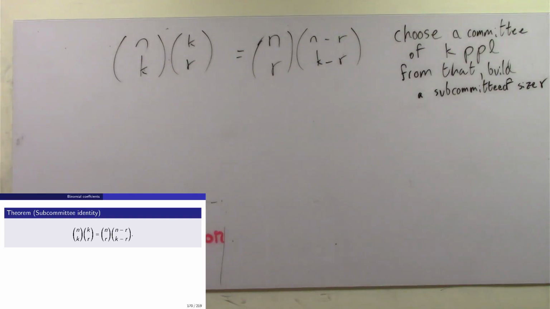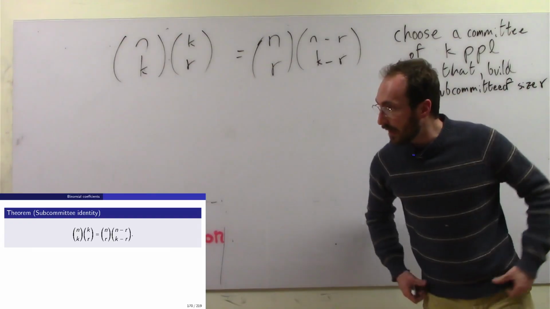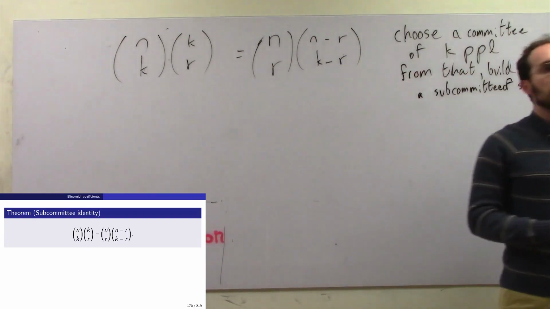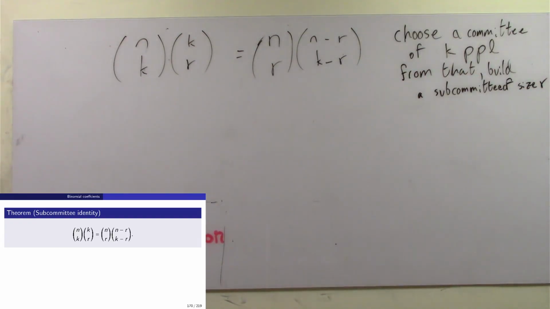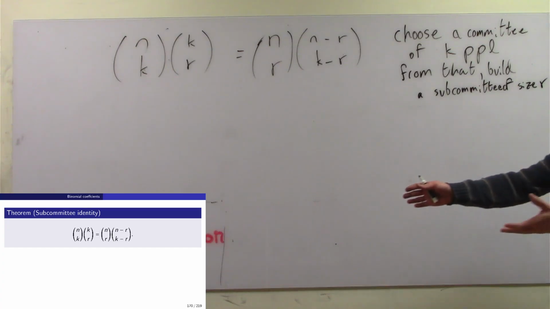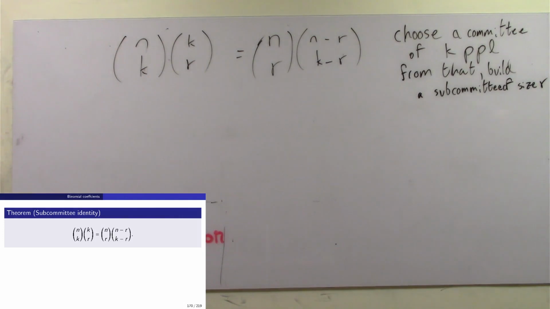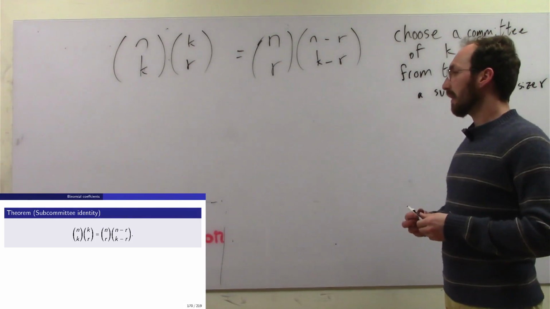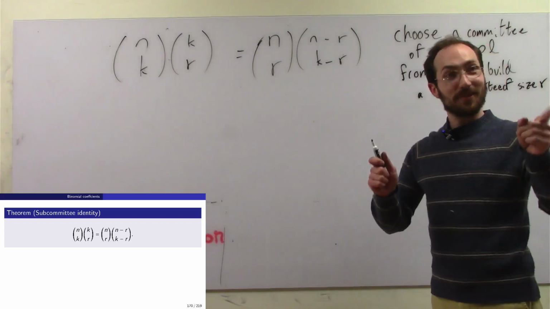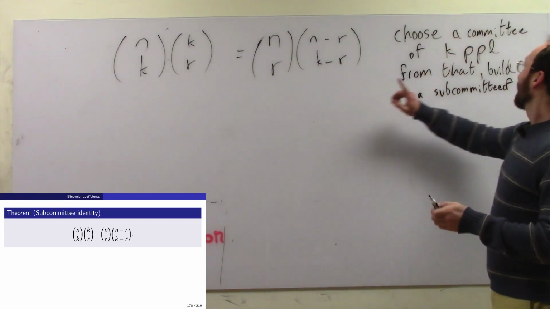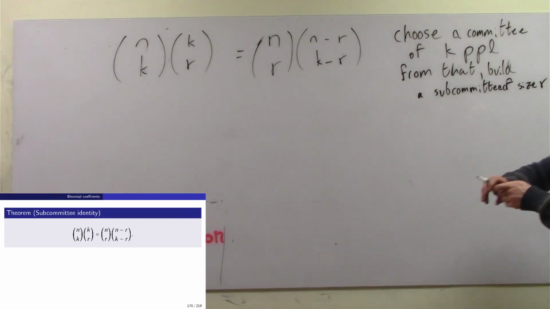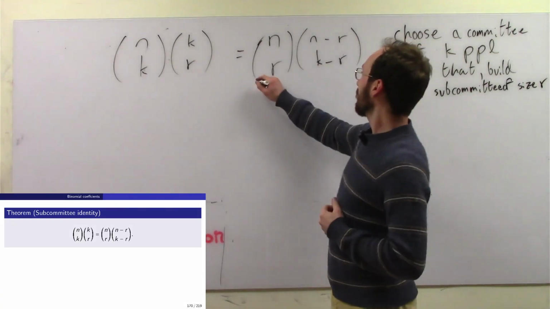And now with the first identity, the idea was we pick the chairperson, pick the board after, or we pick the board first, pick the chair after. We're going to do something pretty analogous here. So instead, we're going to choose a subcommittee first.